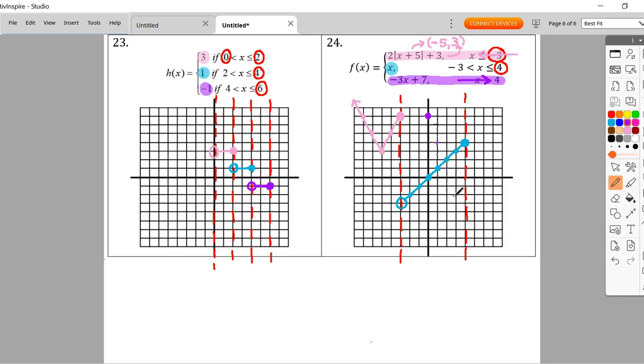And why I graph those tiny points is because I'm going to have to erase them. This graph is restricted to the domain of x being greater than 4. So I have to erase any point on the left side. I keep the points on the right side, and because it says that it's just greater than, I have to do an open circle on my vertical asymptote, x value specifically of 4.